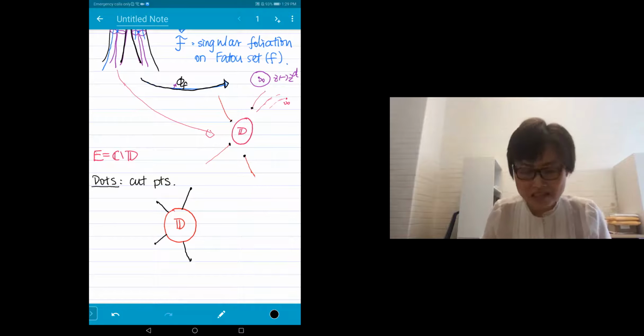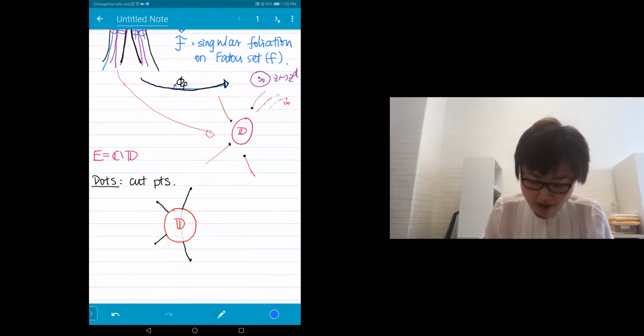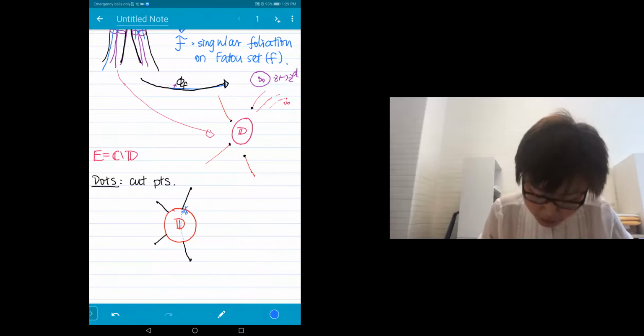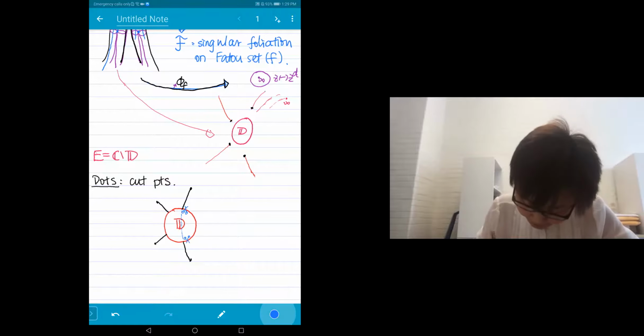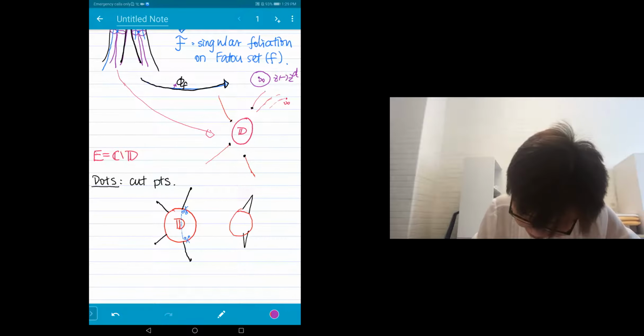It means if I start with this piece of paper and cut along these black lines, and also cut along here, then the black lines become two copies, right? It means these two guys get glued together. So this guy is glued to here, and this guy is glued to here.